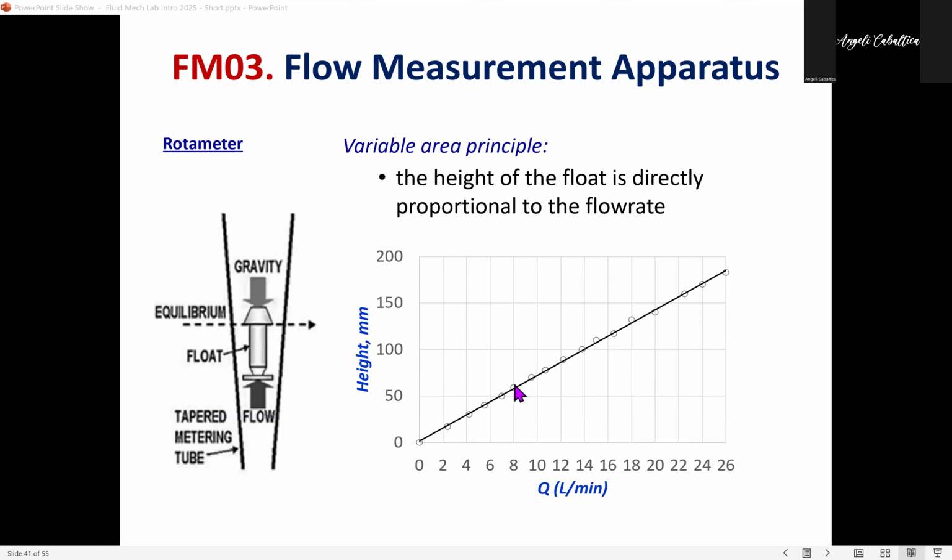So from this line that you make out of that, you can have a trend line, or the relationship. So that at any height that you have on your rotameter, you can just predict the flow rate by looking at the height here and the corresponding point on the line.